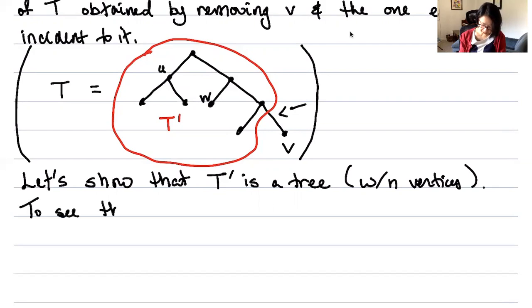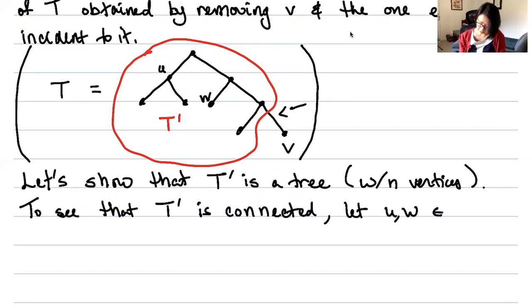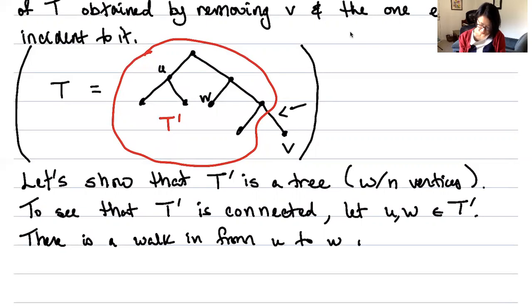To see that T' is connected, let u and w be any vertices in T'. There is a walk from u to w in the original tree T, because T is connected.